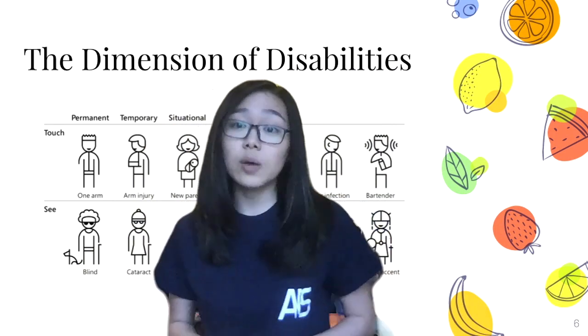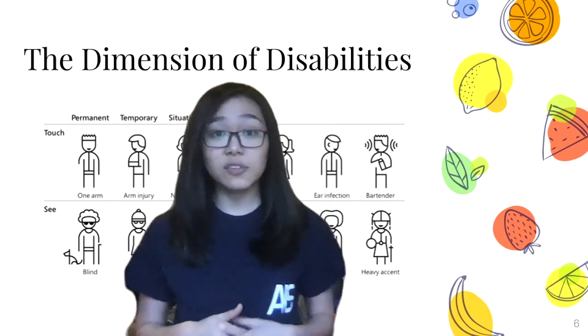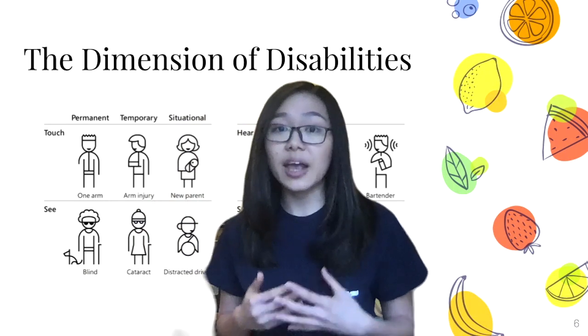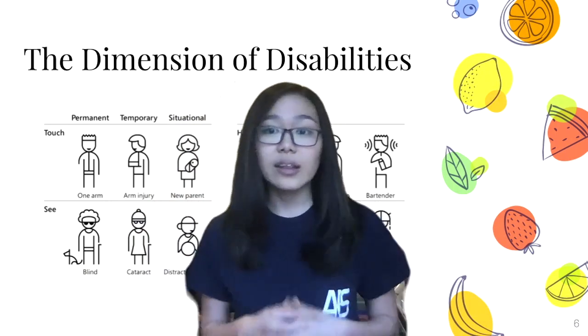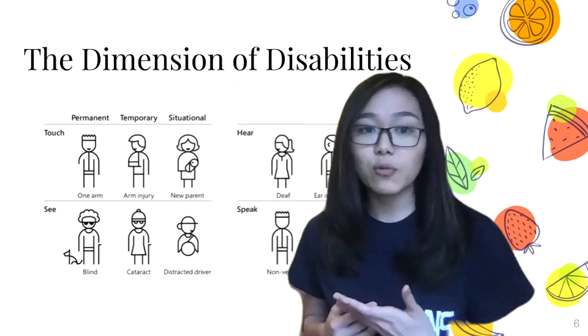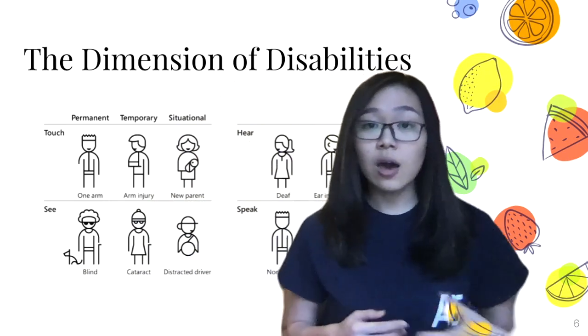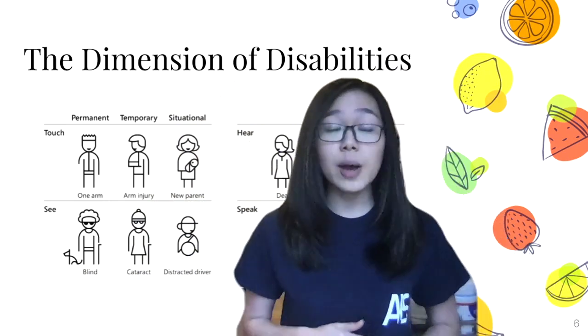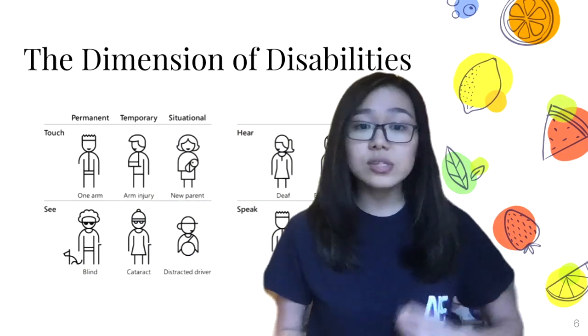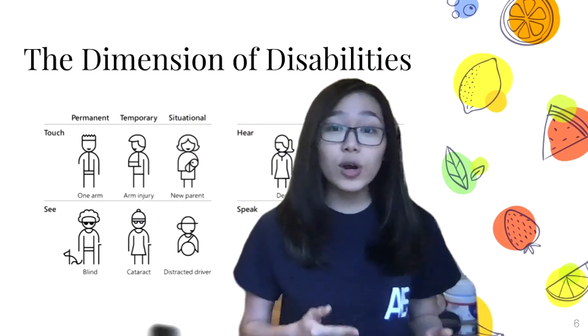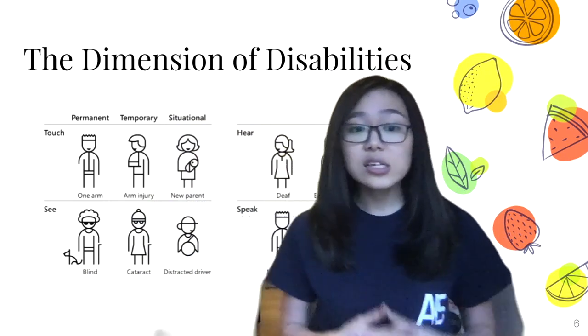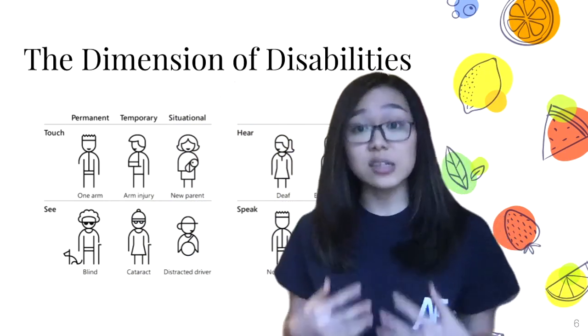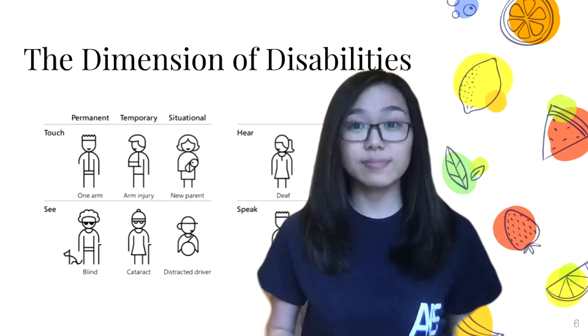This is because when a bartender works in a bar, which is usually very crowded, he or she might have a reduced sense of hearing. In the same way, for a temporary disability, we have, for example, an arm injury that might prevent your ability to touch or to simply move around. Therefore, going back to the previous point, it is important for us to design for accessibility to benefit everyone.